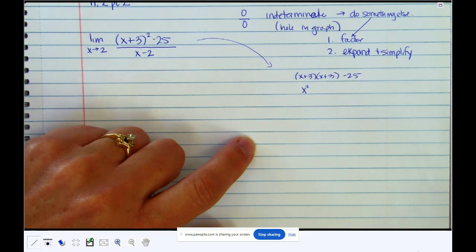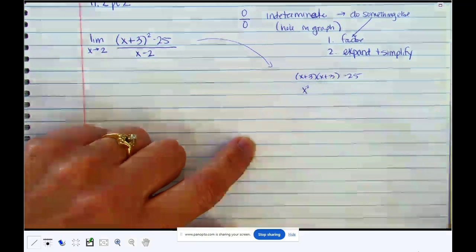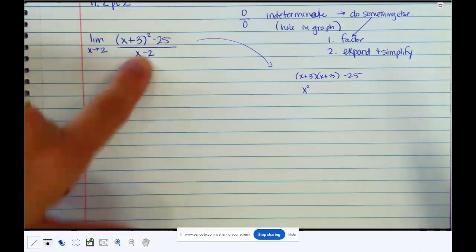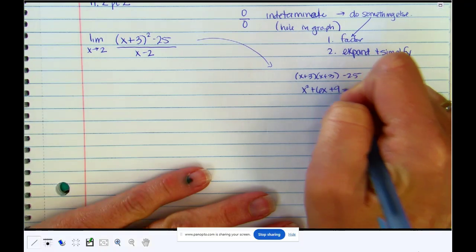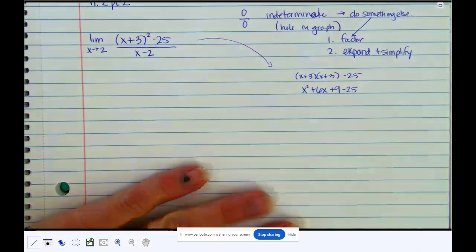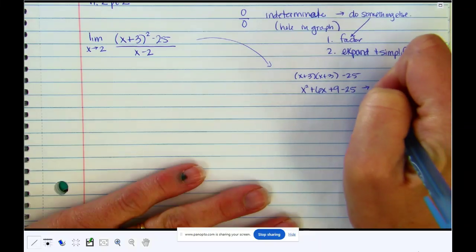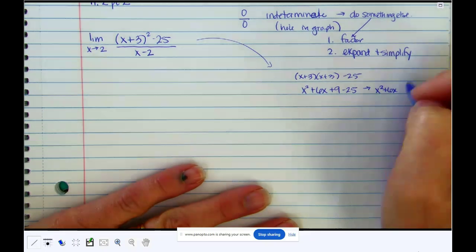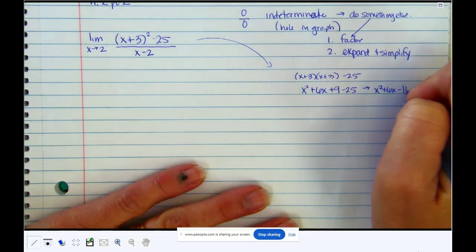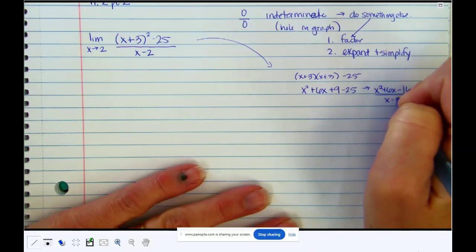It's just going to be double what's here. That's always true because it's something squared. It's going to be x squared plus 6x plus 9 minus 25. And then we're going to simplify that one more. This is x squared plus 6x minus 16 over x minus 2.